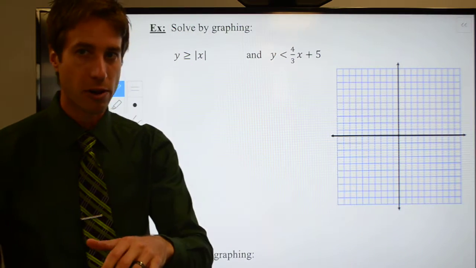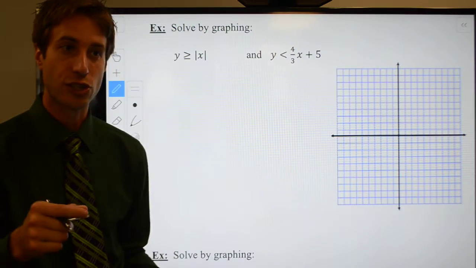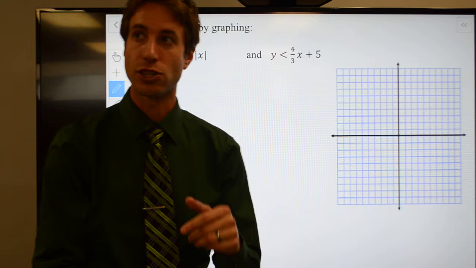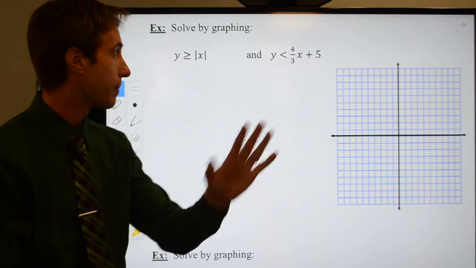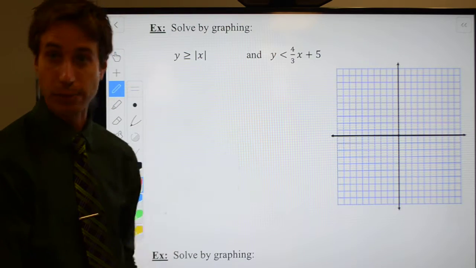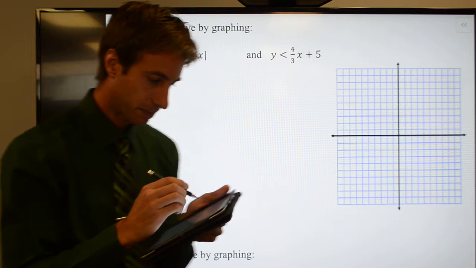If you don't remember any of that, head back to chapter 2, section 7, where you're going to find absolute value. But nonetheless, we have an absolute value.